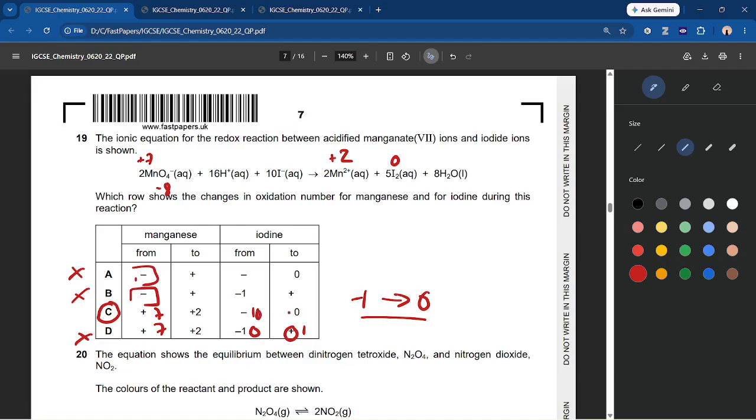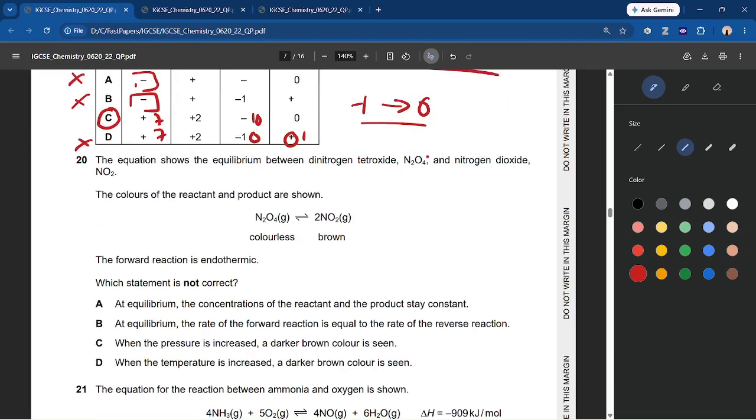So I think they missed that during the question. So my apologies on behalf of the Fastpapers team. I'm not exactly sure how this happened. So yeah, this is my bad. So we're going to say that this was missing information. Alright, so let's move on.